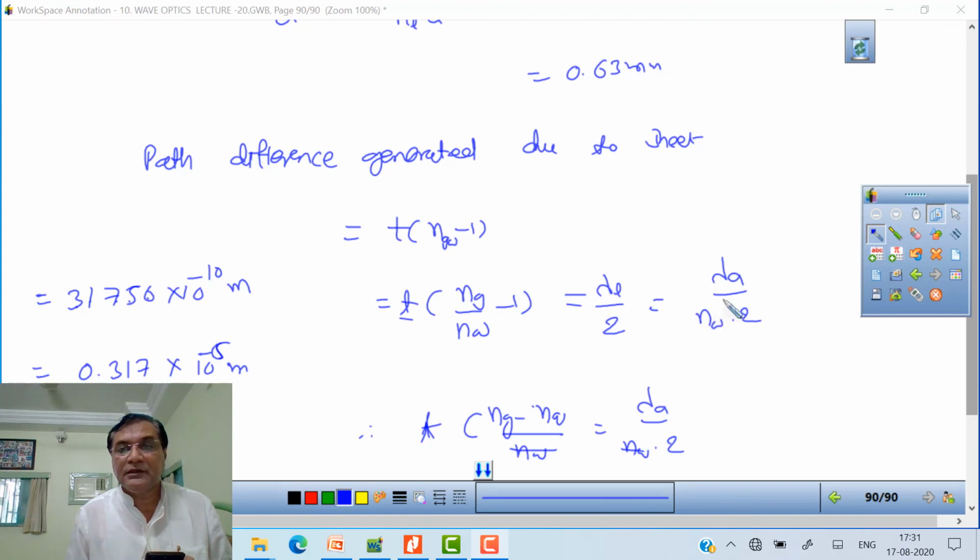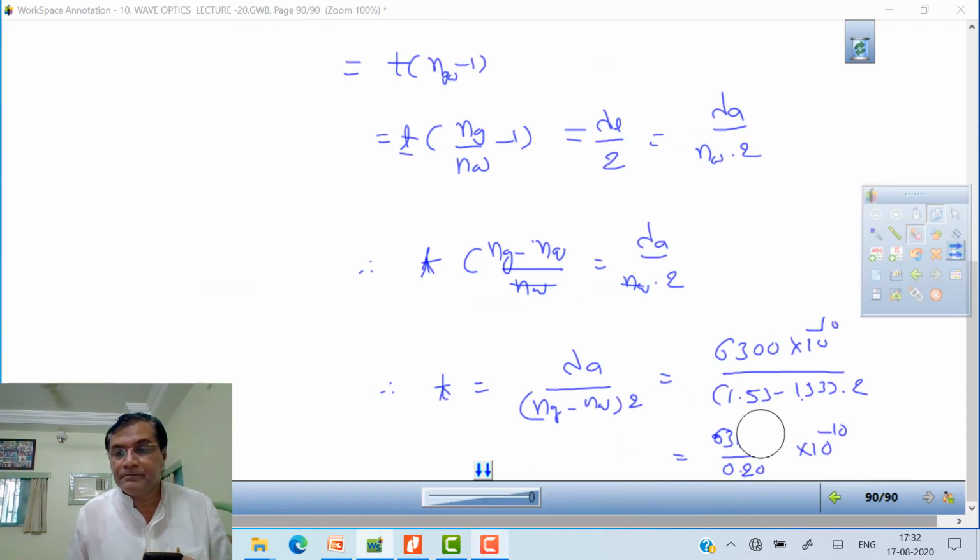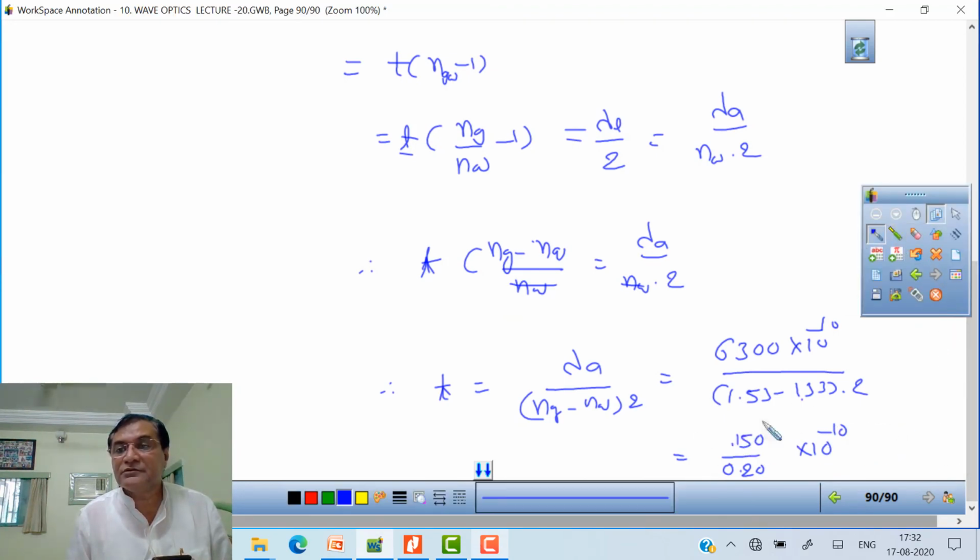Lambda L divided by 2. Yes, this is not 6, it is 3150. You do the calculation, you will get 3150.